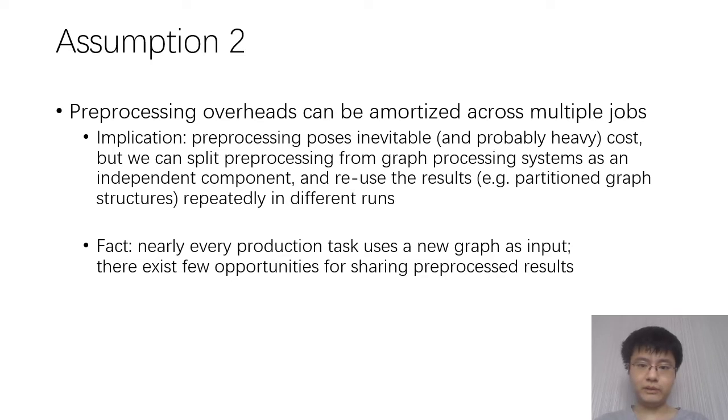In our production environment, nearly each job uses a new graph as input, so there exist very few opportunities for sharing preprocessed results. This is due to the fact that each job applies different filters and projections to extract the input graph from upstream data sources, and only when multiple algorithms can share a common graph as input can such sharing happen, which usually occurs only in development stages.